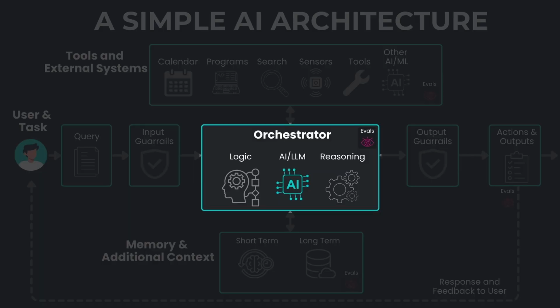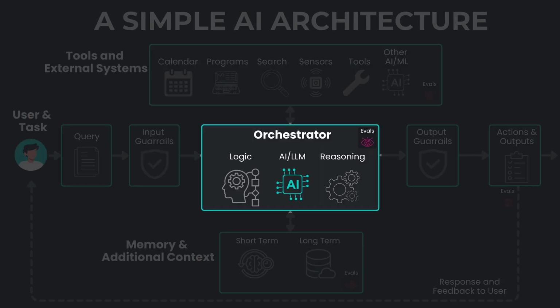Next, we have the real heart of the system, and this is the orchestrator. Now, there's a couple of different components, and the specific details here really do depend on the specific system that you're building. So this is sort of a high-level, abstracted overview, and the details of your system might change.